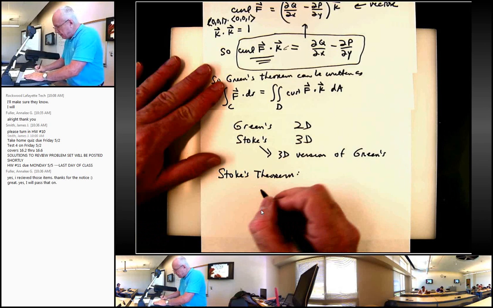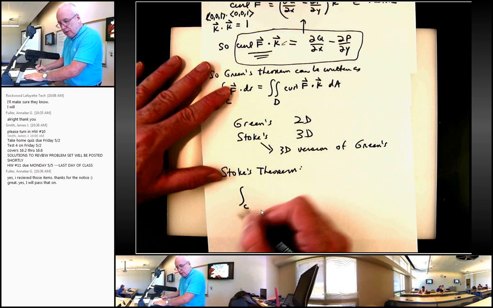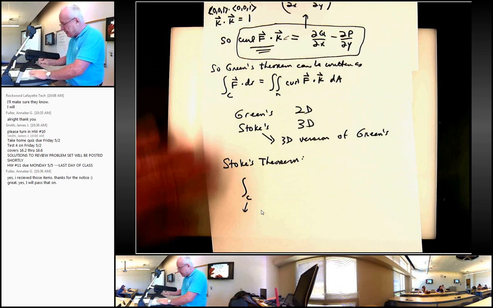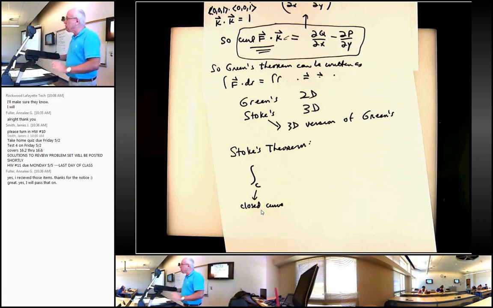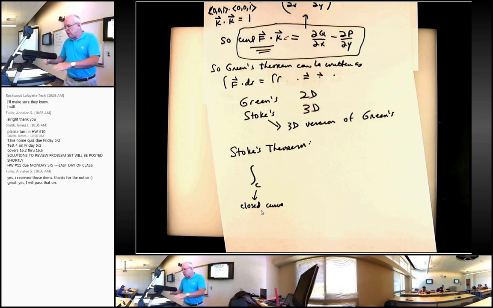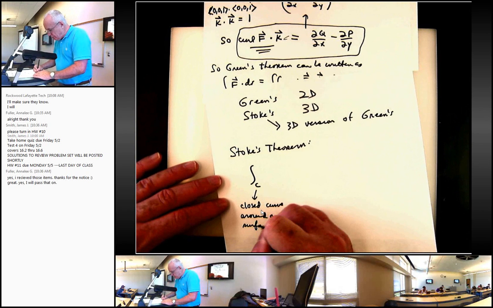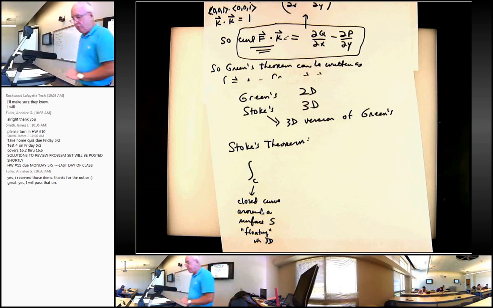Okay. On the left side, we have a line integral along a curve C. Now, in this case, this is a closed curve, just like with Green's theorem, but now it's a closed curve around a surface, capital S, that I'll just say is floating in three dimensions, all right?